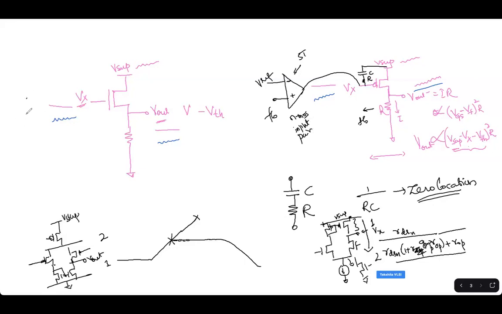Just looking at the PSRR, nothing else. So the combination goes like this. If it is a PMOS driver, go with the NMOS input pair. If it is an NMOS driver, then go with the PMOS input pair. That will give you better PSRR.